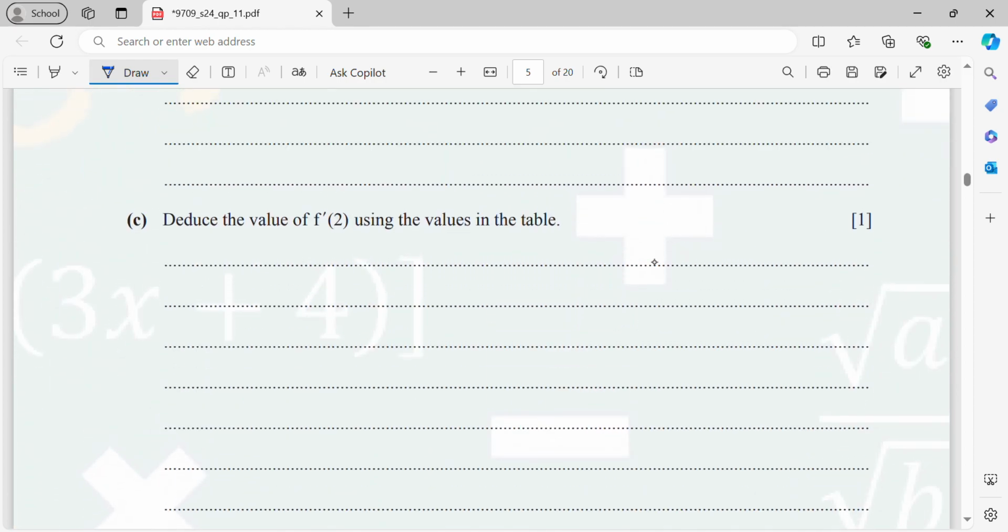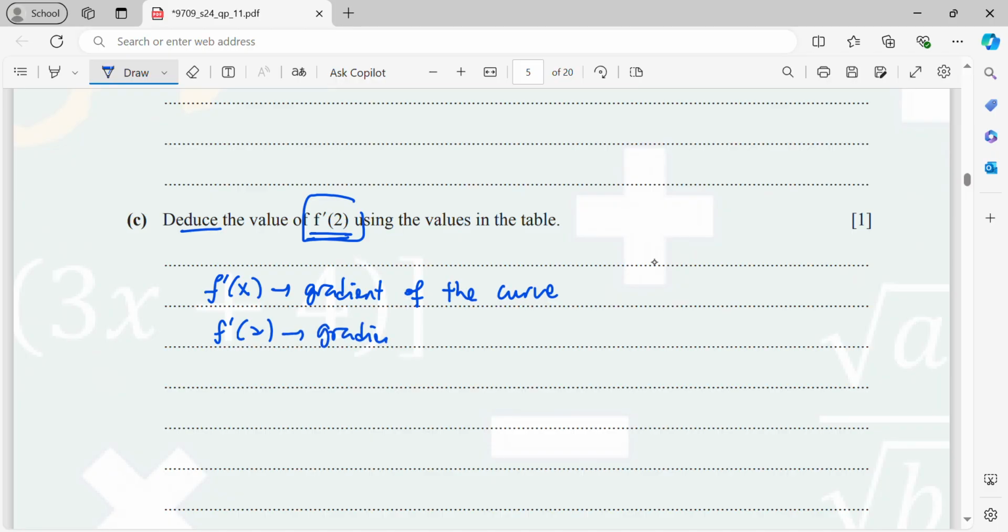Okay, now C. Deduce the value of f prime 2 using the values in the table. So for information, f prime x means gradient of the curve, or you can say gradient of tangent. So f prime 2 means gradient of the curve at x equals 2.